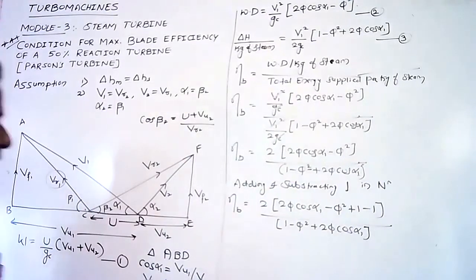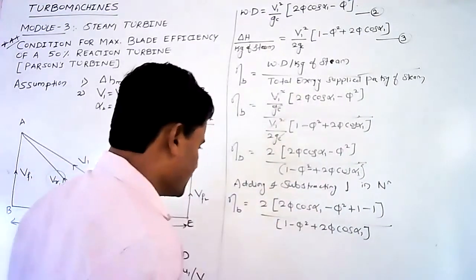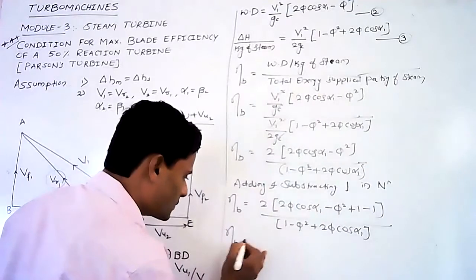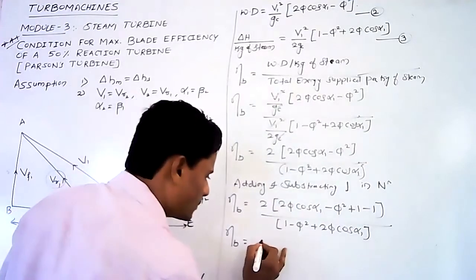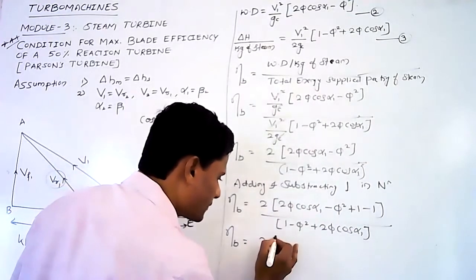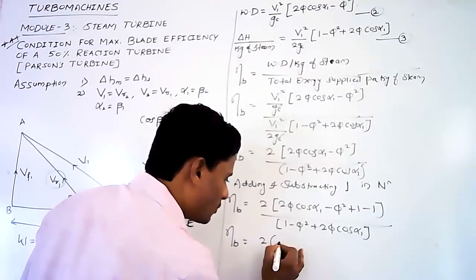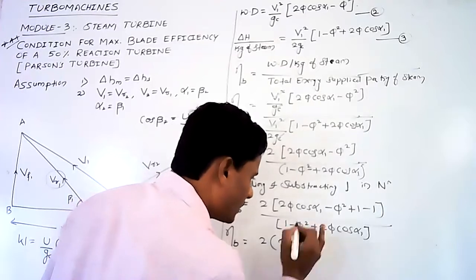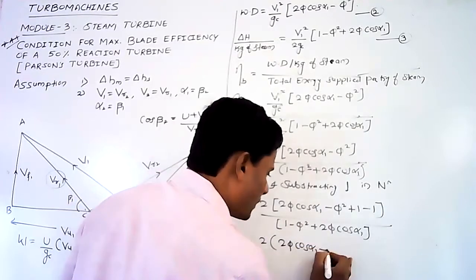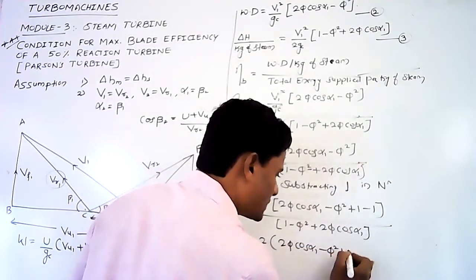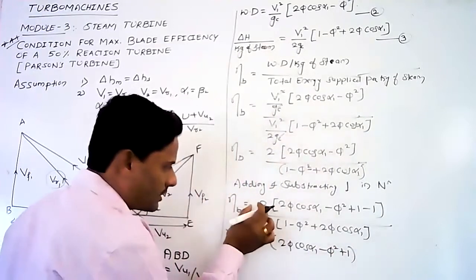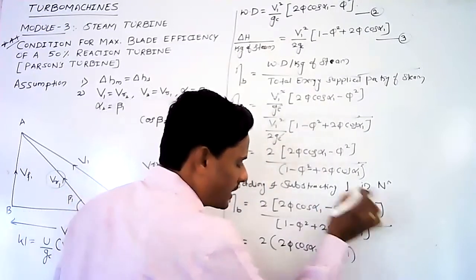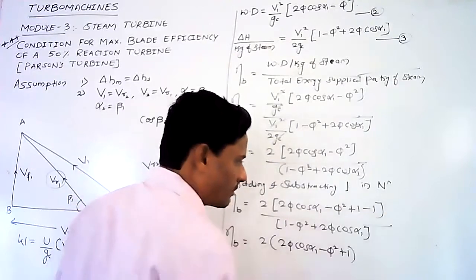So here I can write eta B equals to 2 times 2 phi cos alpha 1 minus phi square plus 1 as it is, and here just open the bracket by multiplying 2 with the minus 1.